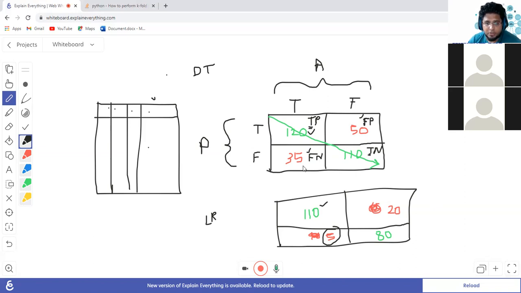In the medical ground, false negative is a very dangerous thing to happen. It means you have a disease, but your model is telling you have no disease. If you don't have a disease and the model says you have a disease, that's okay. You may get a treatment which you did not need. It will not do you much harm. There may be some side effects of the medications, but you will not die.